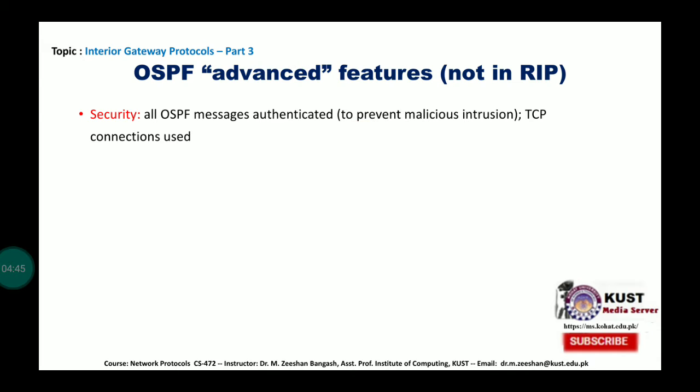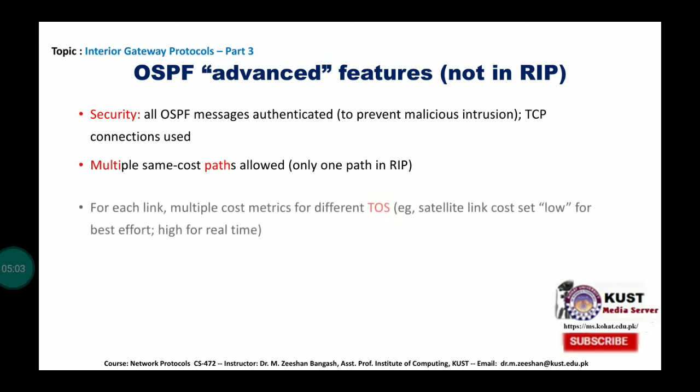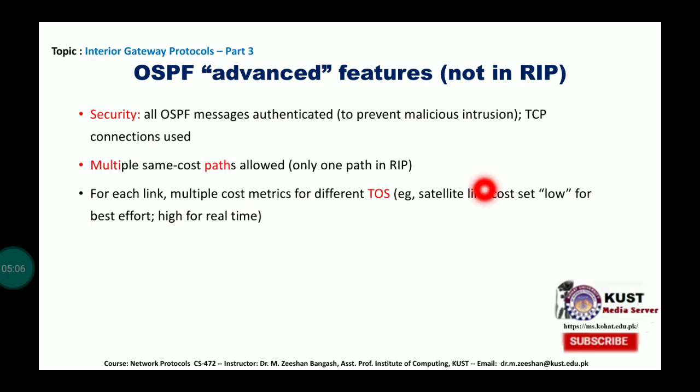Another important feature, which was very limited in the Routing Information Protocol, limited to only one path, is that multiple cost paths are allowed. What does that mean?